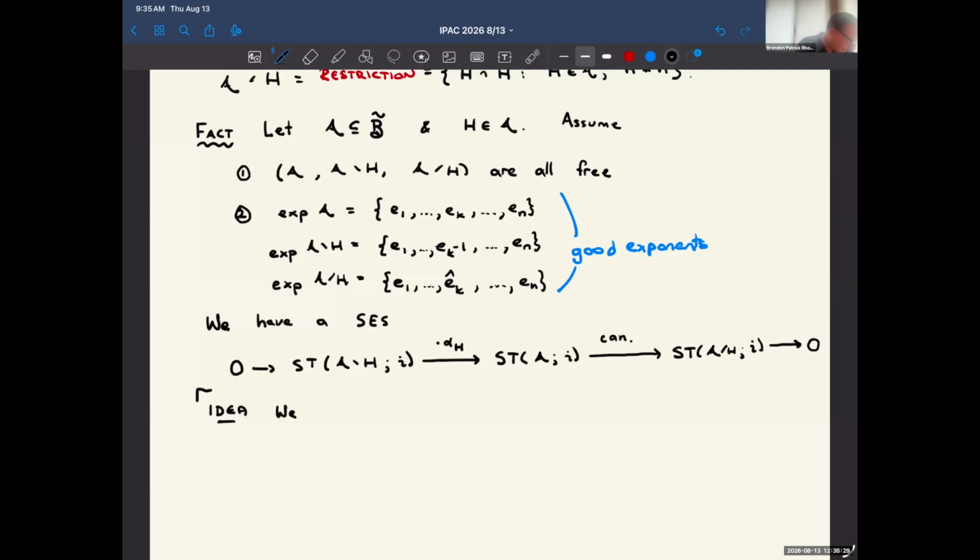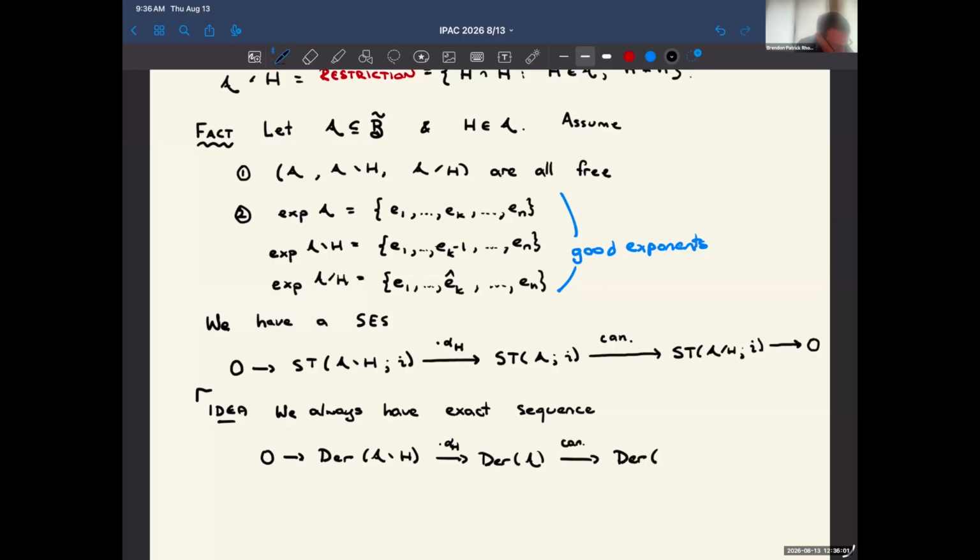So we always have an exact sequence of derivation modules: 0 to the derivation module of the deletion, multiplication by alpha H, the derivation module of the whole thing, then a canonical projection onto the derivation module of the restriction, restriction of vector fields.